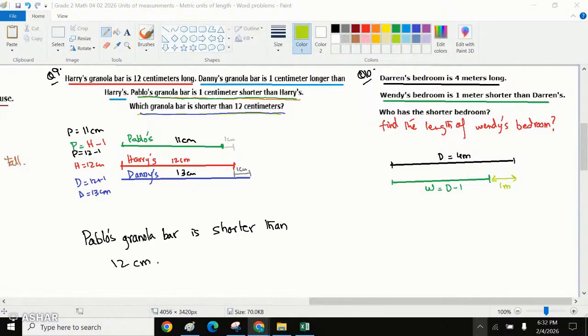But I'm here. So what we need to do is, we know that Wendy's bedroom is shorter, right? What is the length of Wendy's bedroom? Darren minus 1. Wendy's bedroom would be 3 meters. Agreed?